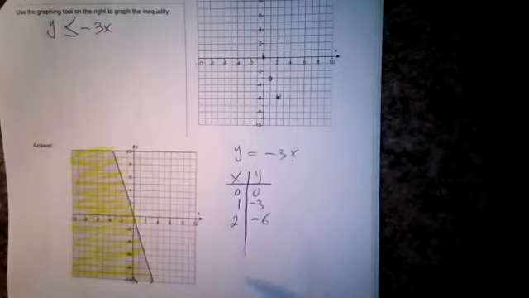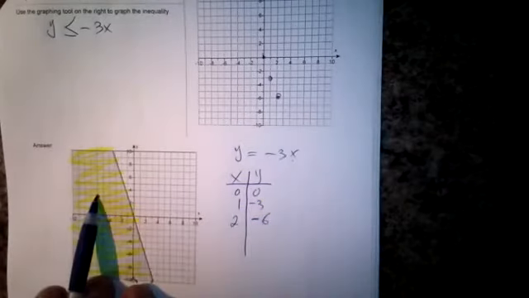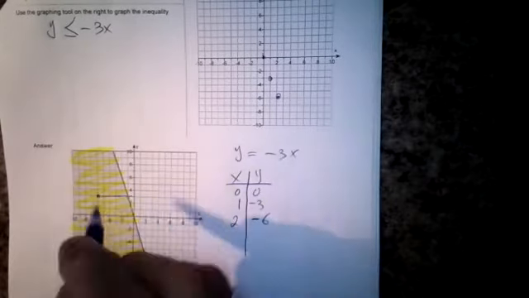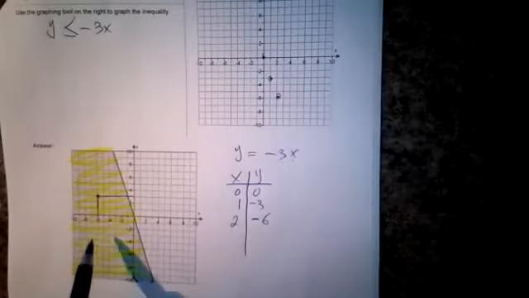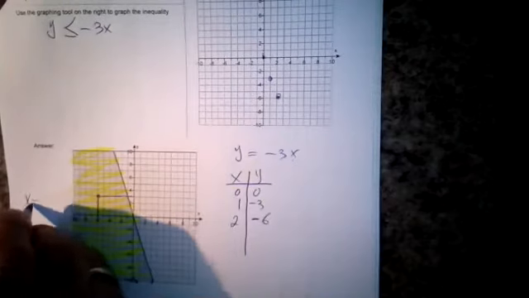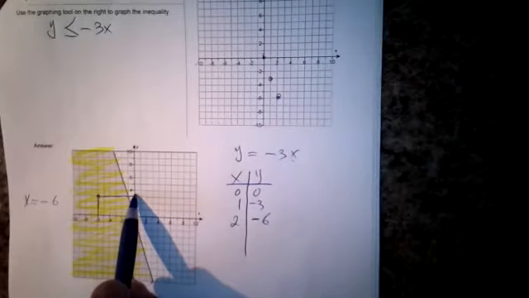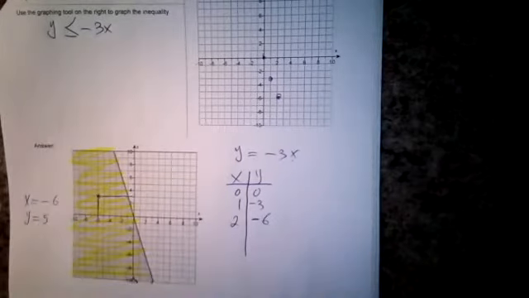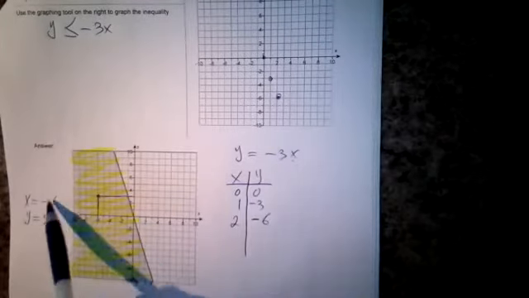What does that mean? Let's say I'll pick a point here in the shaded area. What are the coordinates of this point? Okay, let's see. What is the x and y of this point? X is -6 and y, from here to here, is 5. So the coordinates of this point, or x and y of this point, is this, right?